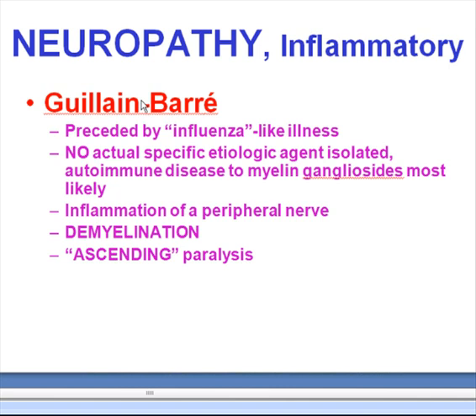And if it's causing that myelin to be damaged, then it's going to be demyelinating. And clinically, it is an ascending paralysis. In other words, it'll start more peripherally in the extremities, and then when the disease progresses, the paralysis will get closer to the central torso and centrally located muscles.